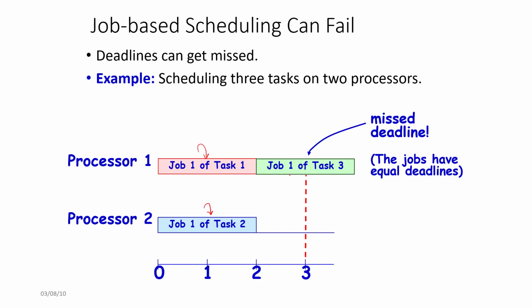Then job 1 of task 3 comes, but we have no choice. We need to execute it on processor 1 and then its deadline fails. And even if it came somewhere before, we couldn't have scheduled it. So as you can see, in this case, we have a missed deadline at this point of time.